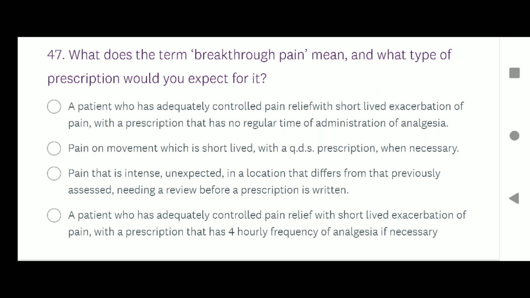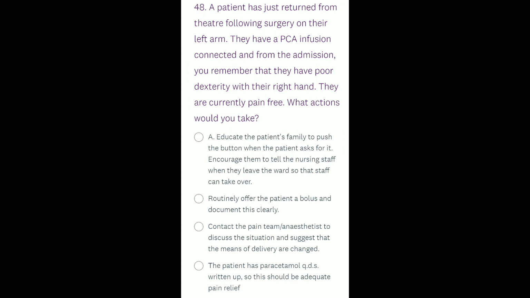A patient has just returned from theatre following surgery on their left arm. They have a PCA infusion connected, and from the admission you remember that they have poor dexterity with their right hand. They are currently pain-free. What actions would you take? So that's the question. Options are option A, educate the patient's family to push the button when the patient asks for it.